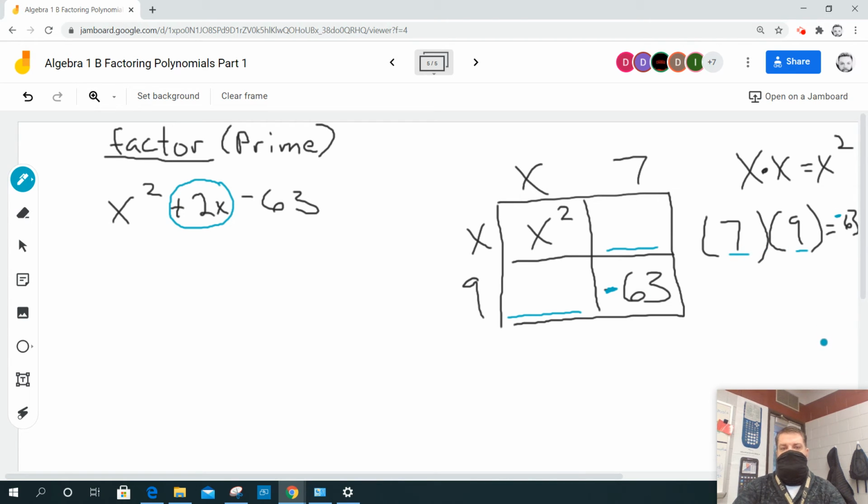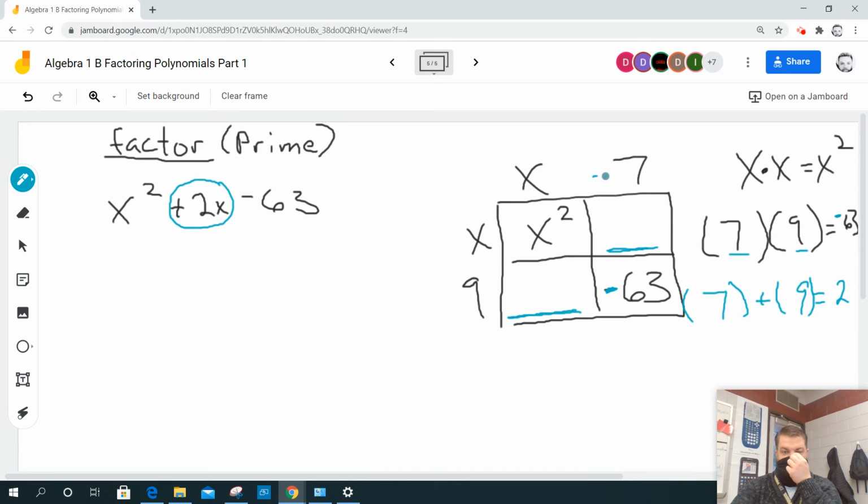But the sum of this term plus this term has to be positive 2. In other words, 7 plus 9 has to equal positive 2. But I don't know if one of these is negative or if one of these is positive.